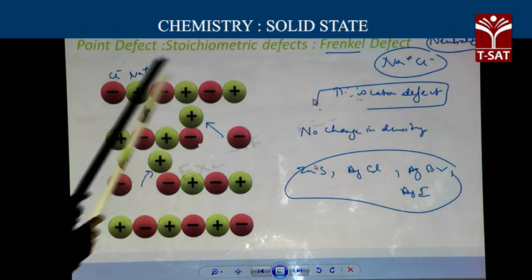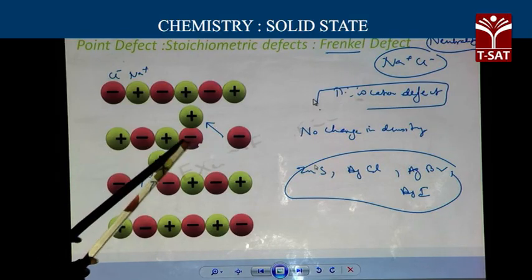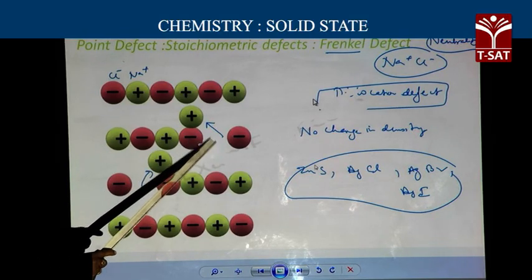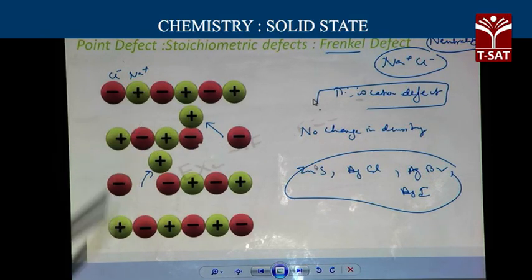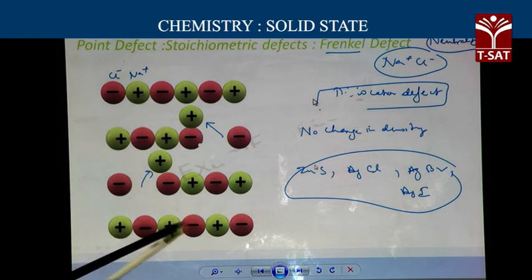This is no defect. In the second layer, up to here no defect, whereas one cation is displacing from its place and occupying this interstitial space. Total number of spheres in the unit cell remains constant. That is why no change in the density due to Frenkel defect.